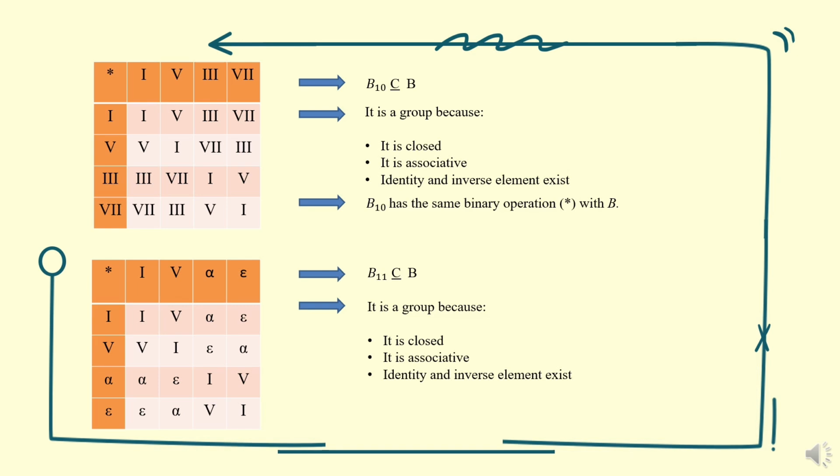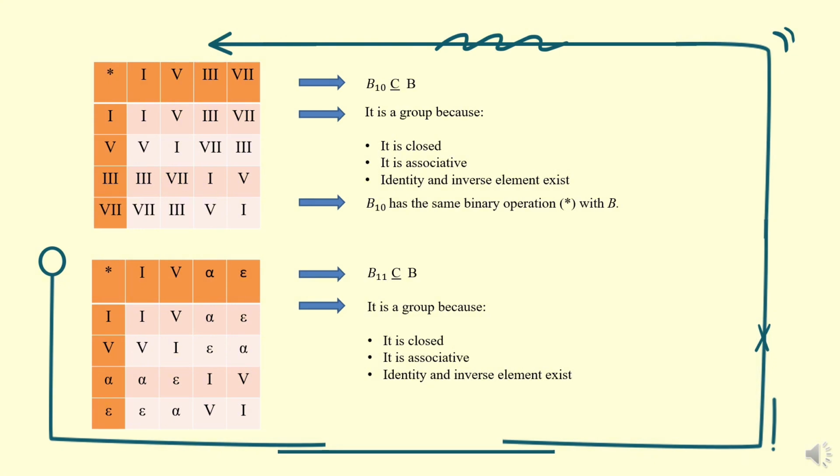So in that way, we can say that this table is associative. The flipped table and the original table are the same. And lastly, identity and inverse elements exist.